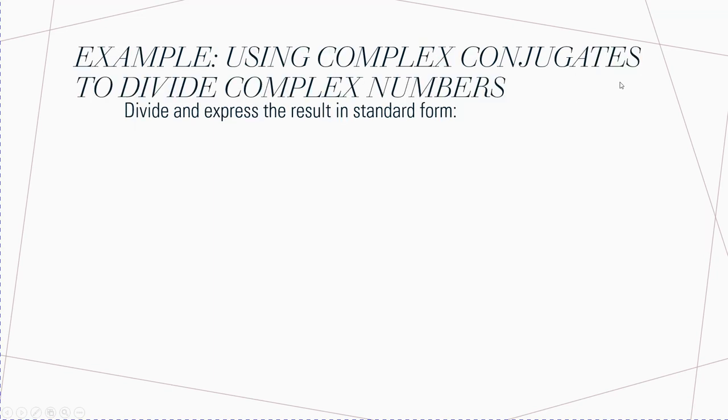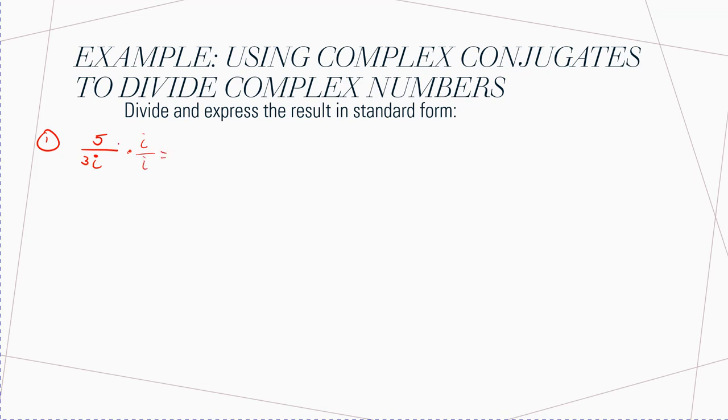Okay, so let's do this problem. I'll do a couple examples. We'll start with this actually: 5 divided by 3i. This one is not going to involve the conjugate. Just notice whenever you have an i in the denominator, what you're going to do is multiply by i over i.